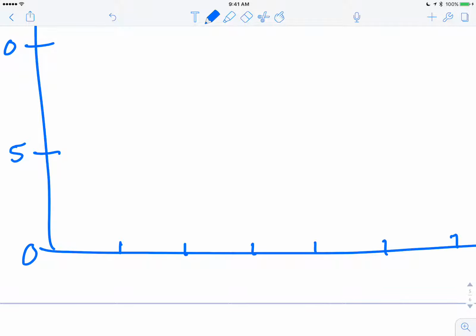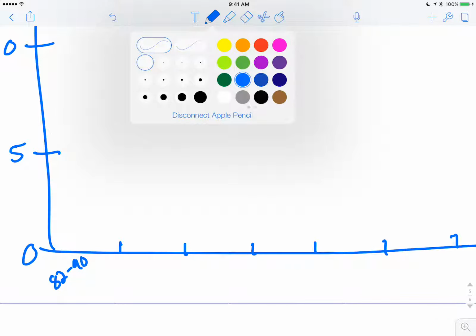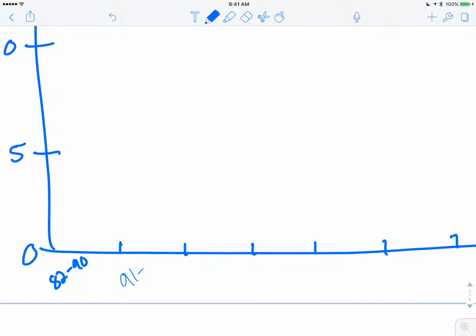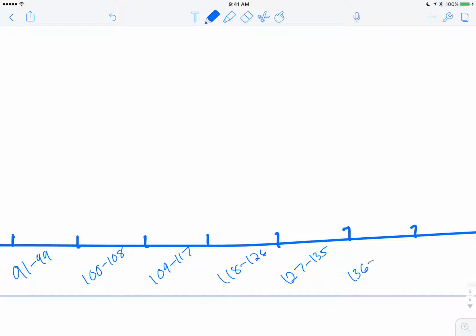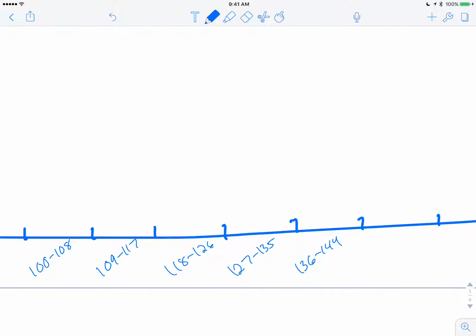The first class was 82 to 90. Let's see if I can make this thinner. There we go. 82 to 90, 91 to 99, 100 to 108, 109 to 117, 118 to 126, and then 127 to 135, 136 to 144, and then 145 to 153.